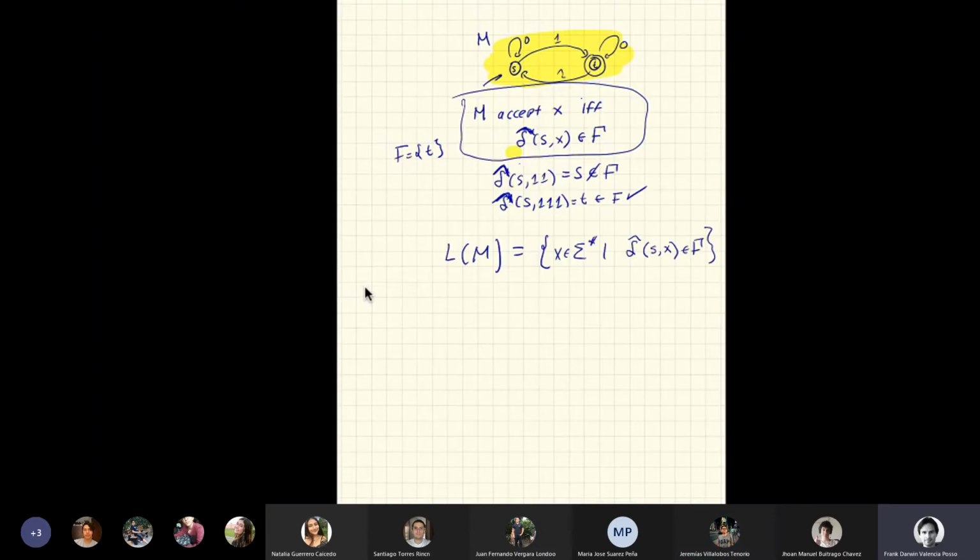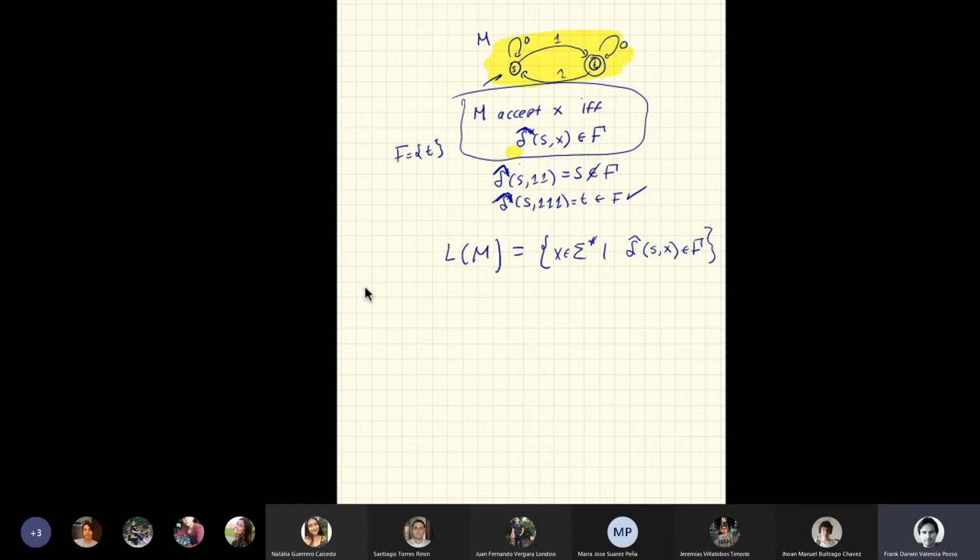So now you have defined formally what an automaton is, a finite state automaton, I must say. And now we define what a regular language is.